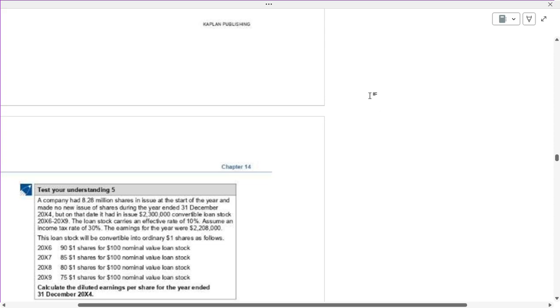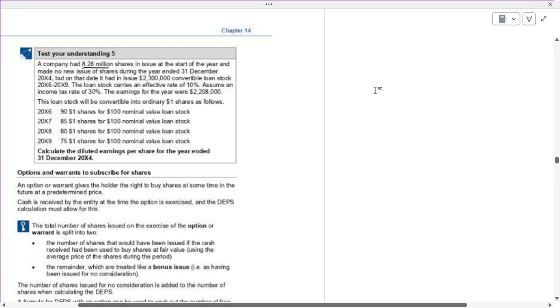A company has 8.2 million shares at the start of the year. No new issue was made during the year, but on that date it has an issue of 2.3 million convertible loan stock. The loan stock carries an effective rate of 10%. Assume income tax is 30%. Earnings are 2,208.